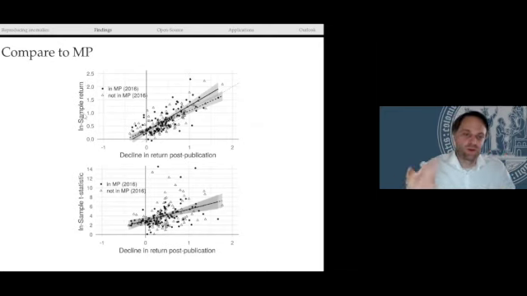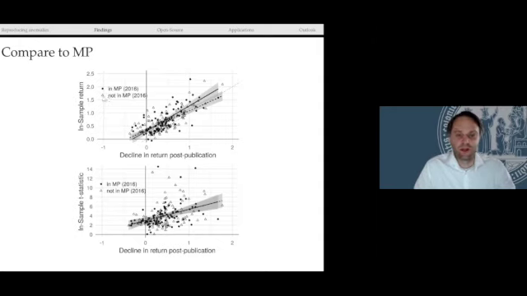And what they show is that the higher the in-sample return, the larger is the decline post-publication. The solid dots here in the graph on the top are the signals in McLean and Pontiff, and the solid line is the regression line that is fitted in their paper.